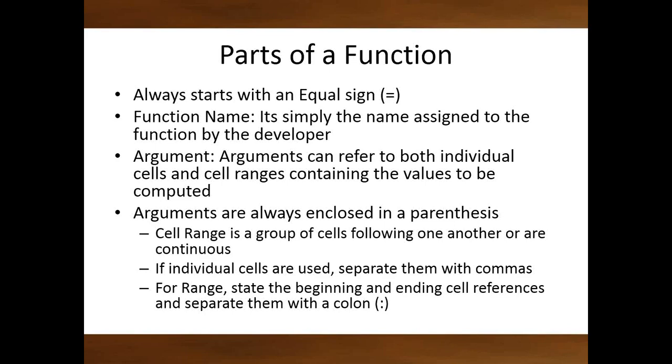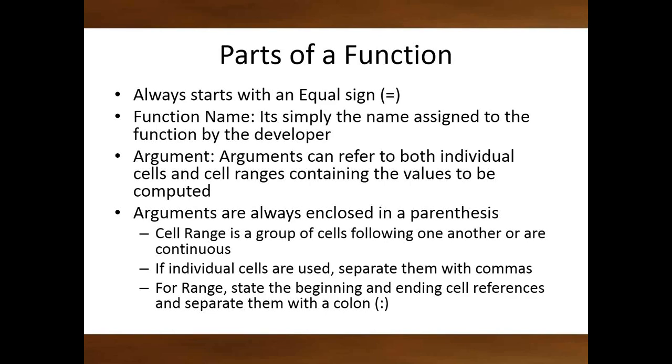Arguments can refer to both individual cells and cell ranges containing the values to be computed. Individual cells can contain values, and those values in them can be used to compute a result. So they will form part of the argument.